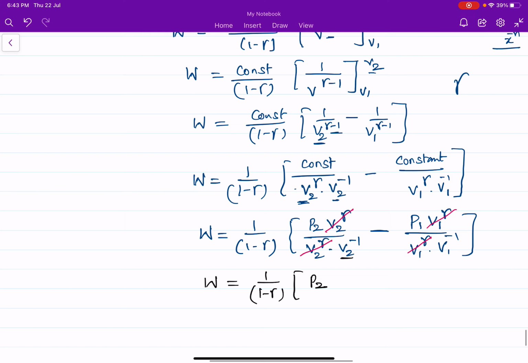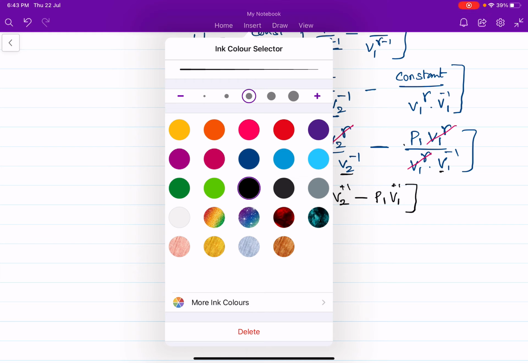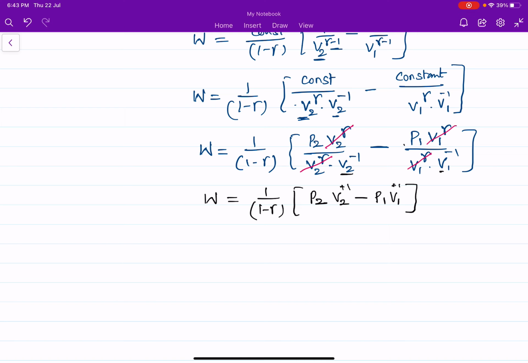When this V2 power minus 1 comes to the numerator, it will become just V2, so P2 V2 minus P1; and whenever V1 power minus 1 comes to the numerator, it becomes V1 power plus 1, that means P2 V2 minus P1 V1. So work done in an adiabatic process is given by 1 by 1 minus gamma into P2 V2 minus P1 V1, or in terms of temperature.